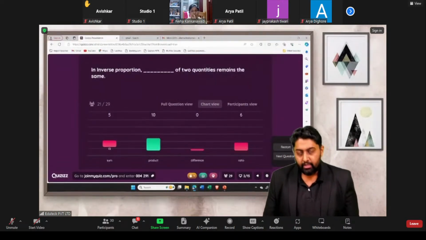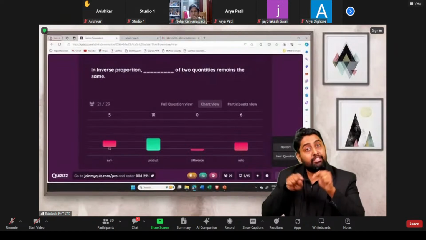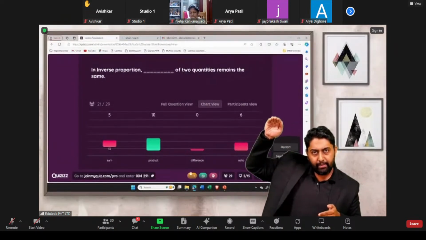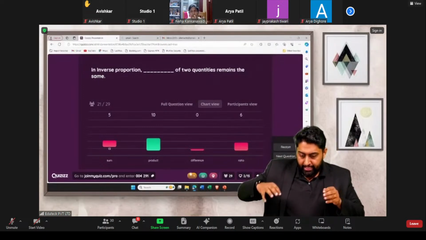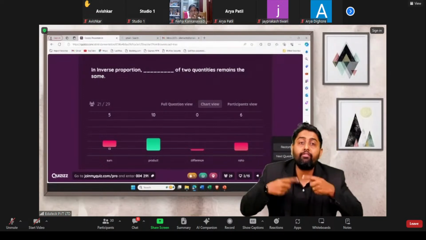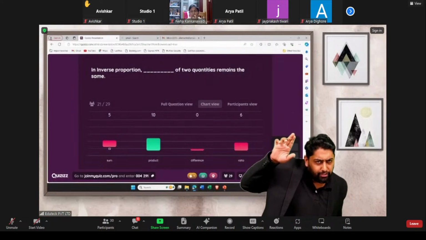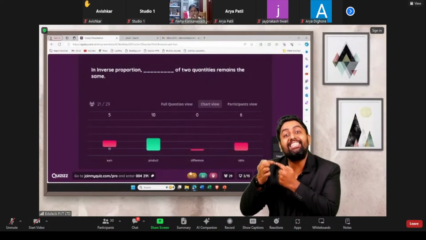Good job. Now, just for everybody's information, what is inverse variation or inverse proportion? It's when one quantity's value goes up, the second quantity's value goes down. In that case, to solve questions, what needs to be the same? The product of the value of the first quantity and the value of the second quantity needs to be the same.